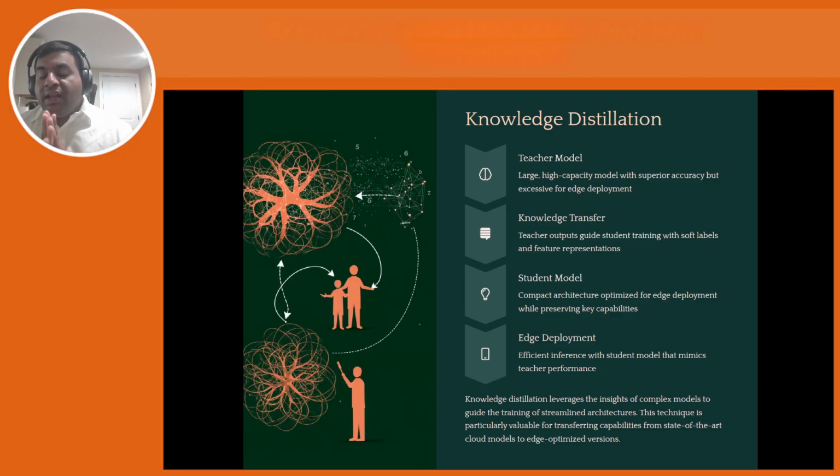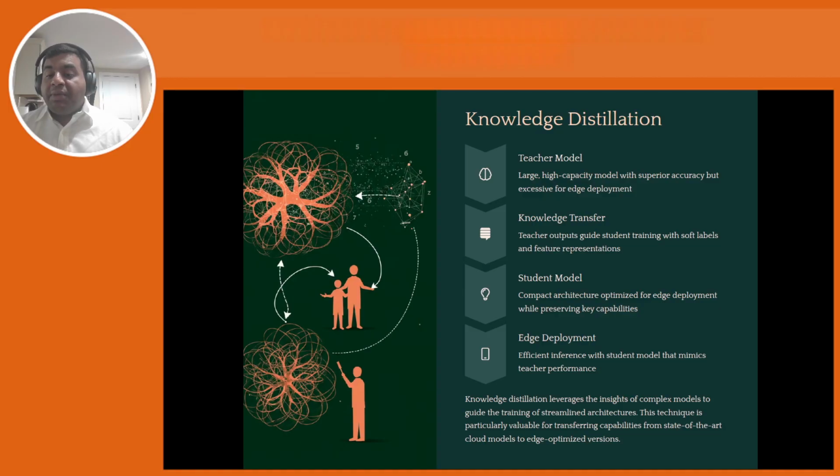Next, the third key LLM optimization technique is knowledge distillation. Imagine you have a large, powerful teacher model, perhaps a state-of-the-art model running on the cloud. It has excellent accuracy, but it's too large and slow for the edge. Knowledge distillation allows us to train a much smaller, compact student model to mimic the behavior of this teacher.